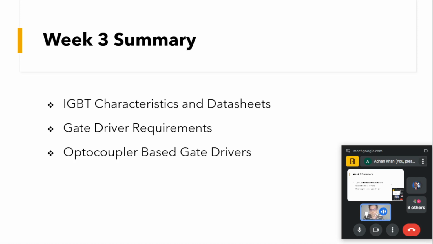We saw their switching characteristics, some of the parameters that are given in the data sheet, and the important parameters that we have to look for in these devices in order to choose a particular device for a design parameter in any converter.